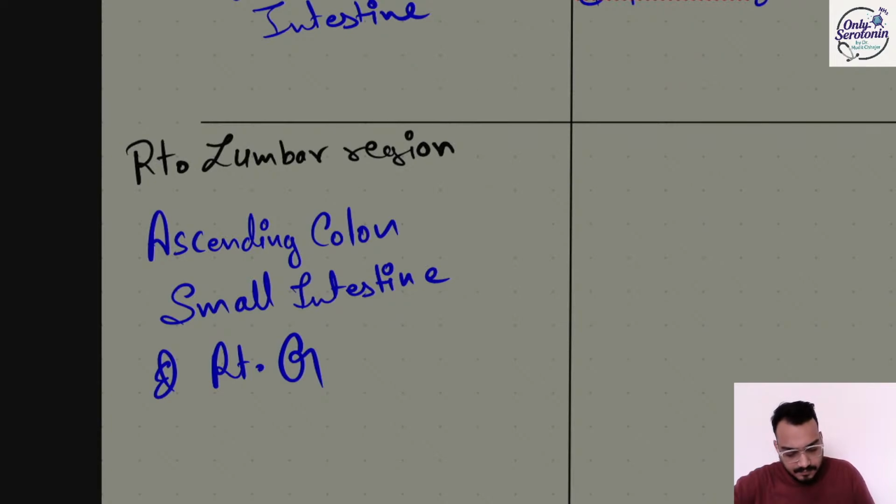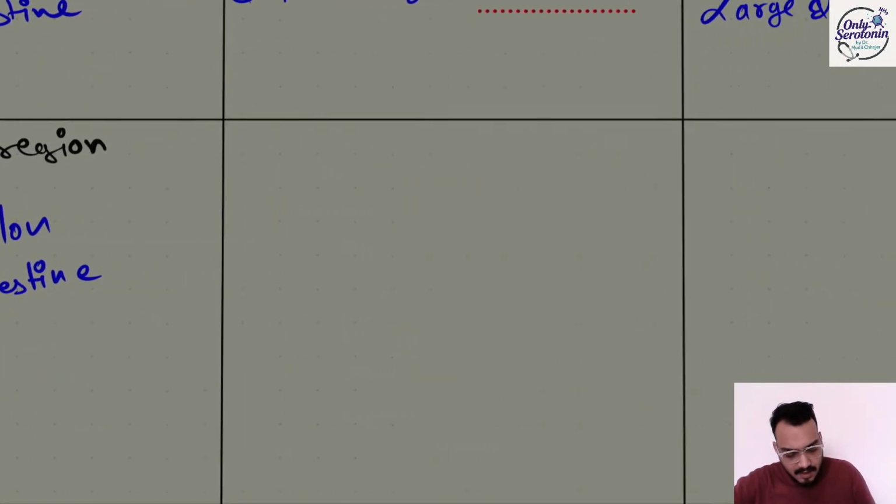Okay, guys, that is your right lumbar region. Then this region, you all know that here I have my umbilicus, right? That's why this region is known as the umbilical region.